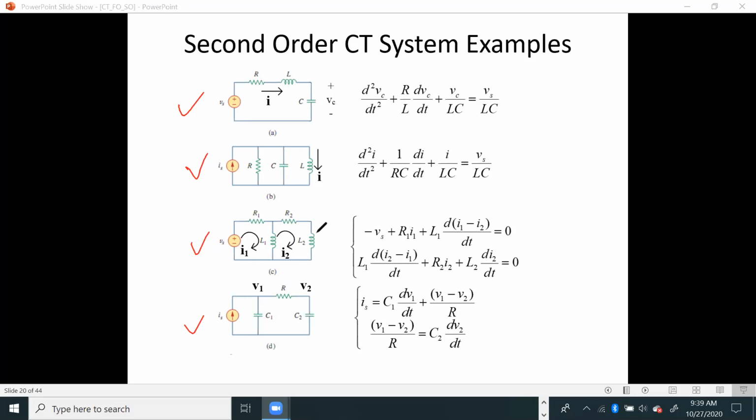So although they are of the same type, they are not located in the same electrical locations. As a result, unless we derive the input-output relationship, we cannot identify the order. The same is true for your figure D, but we can readily say that figure A and figure B will be of second order type, okay?